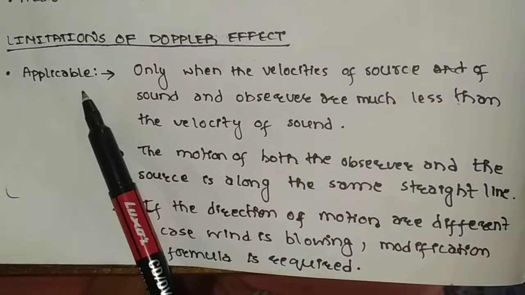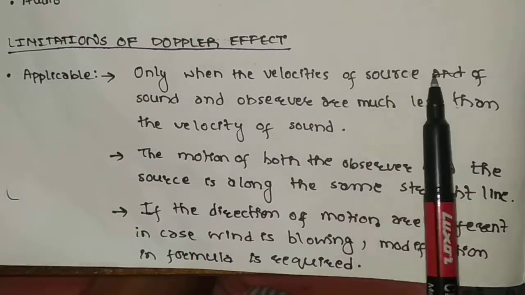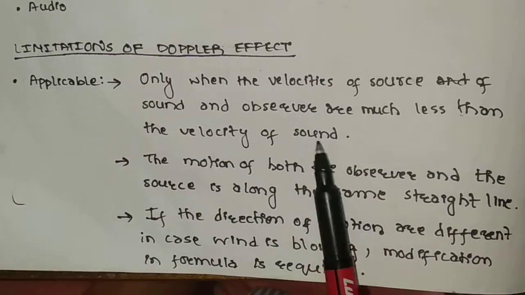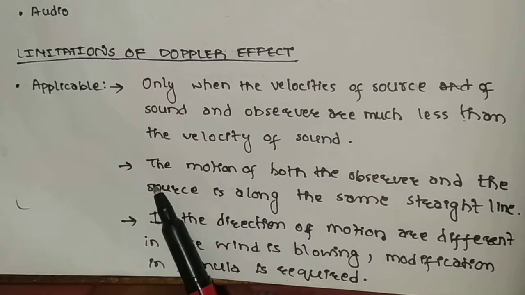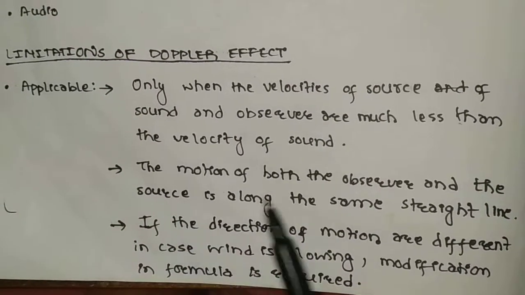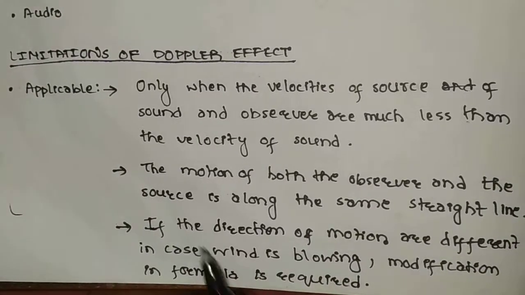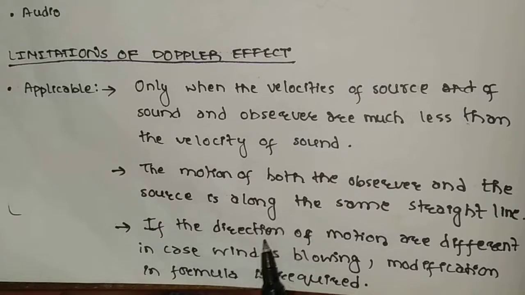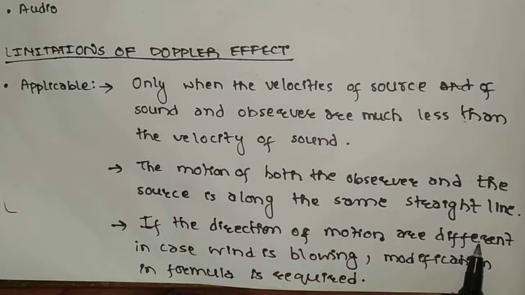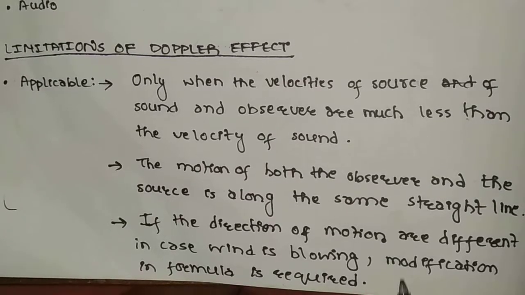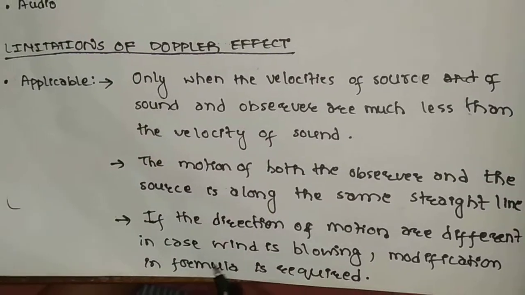It is applicable only when the velocities of the source of sound and the observer are much less than the velocity of sound, and when the motion of both the observer and the source is along the same straight line. And in the case of an air medium, if the directions of motion are different, or when wind is blowing, then we need some modifications in the formula.